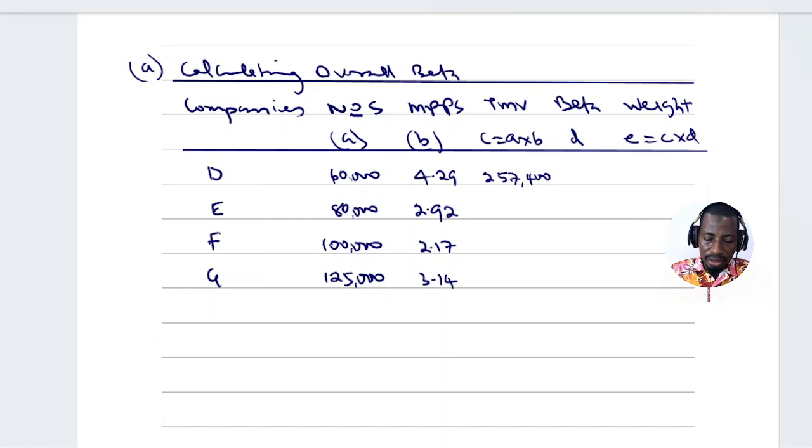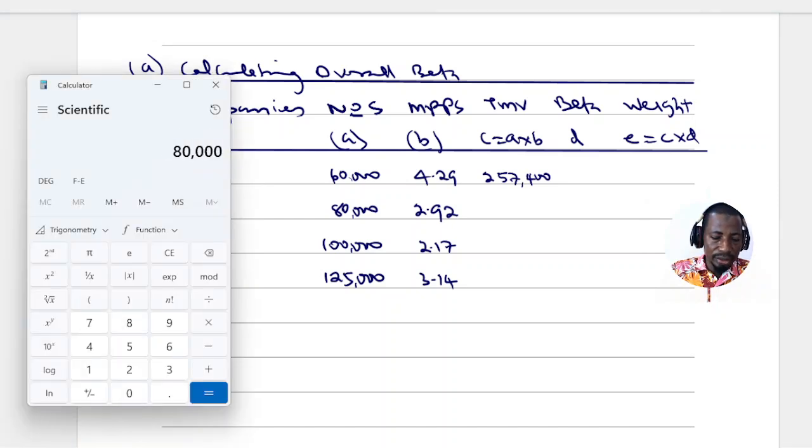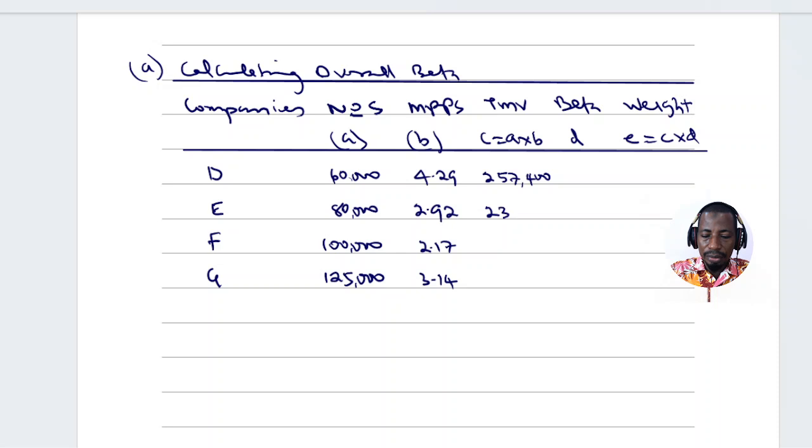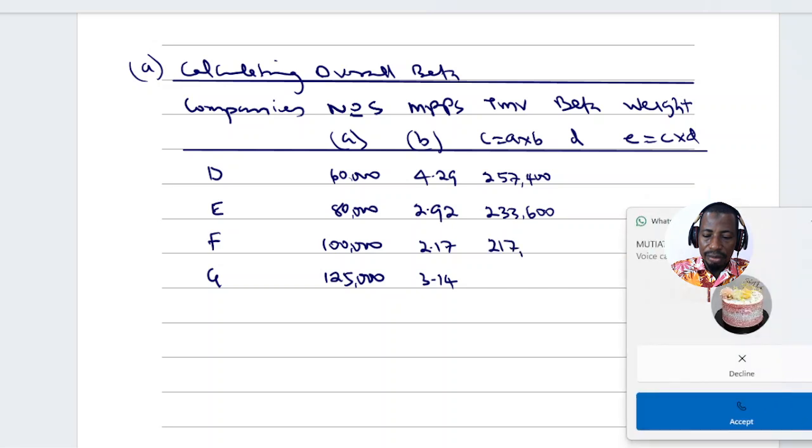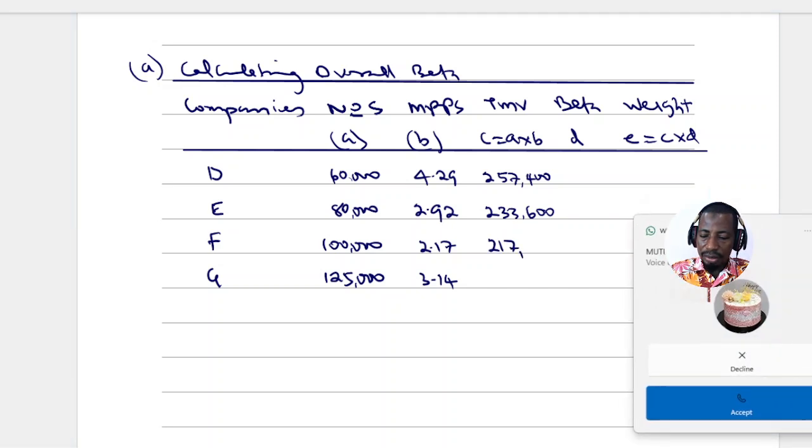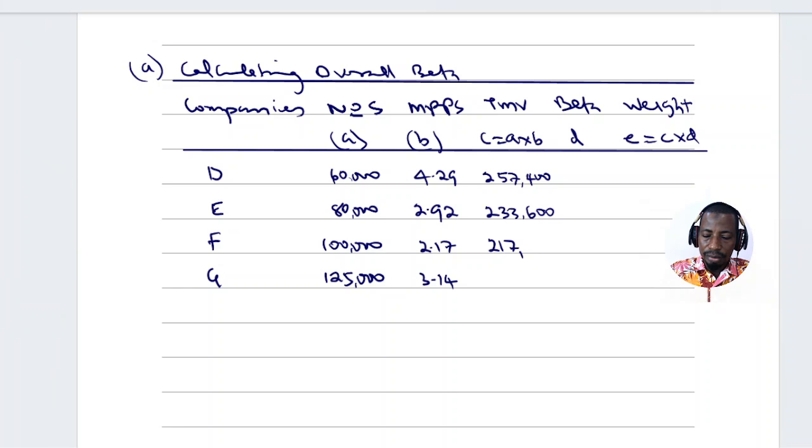257,400. The next one, 80,000 multiplied by 2.92 equal 233,600. Then 217,000.